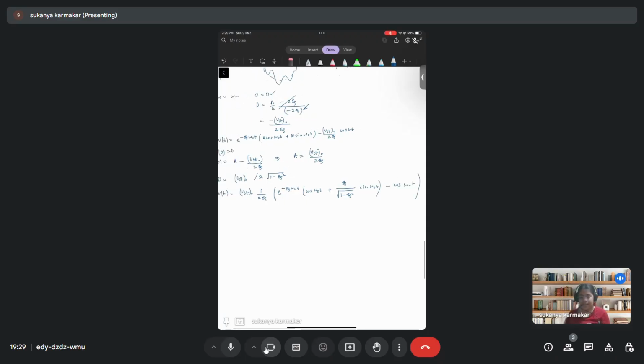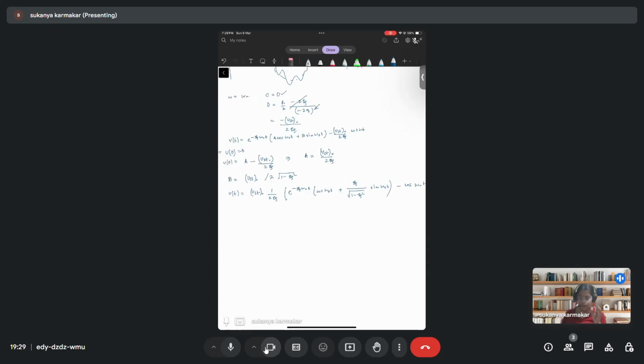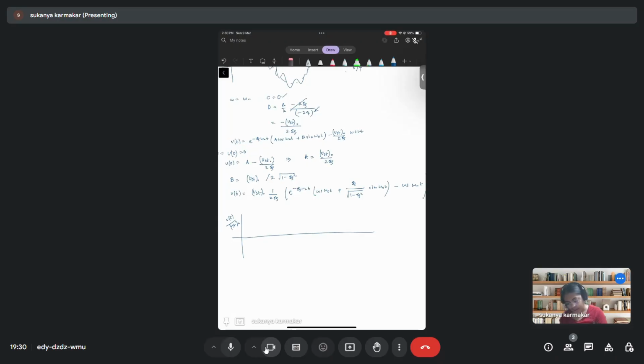Now let's say for a certain value of damping, let's say 5%, you plot the response. Here I have u of t by ust naught, and on this axis suppose you have t by Tn.